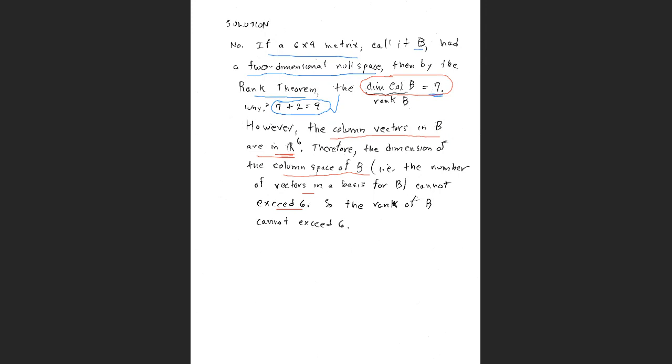But I'm going to say this the right way: the most number of linearly independent column vectors that you could have in this matrix B is 6, because the column vectors of the matrix B all live in R6 space. So the rank of B cannot exceed 6. It can't. So you'll never get 7 for the dimension of your column space.